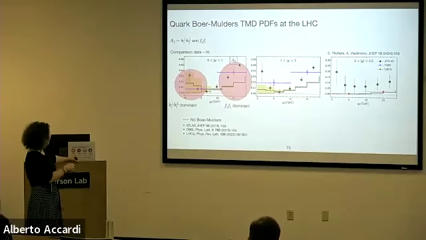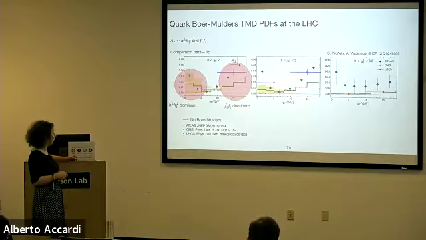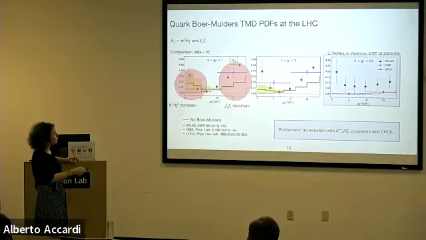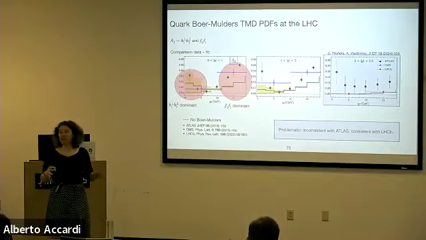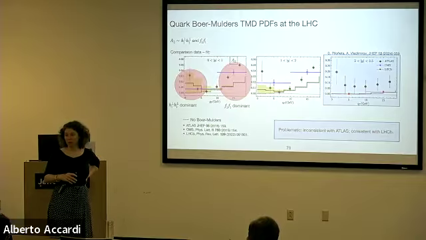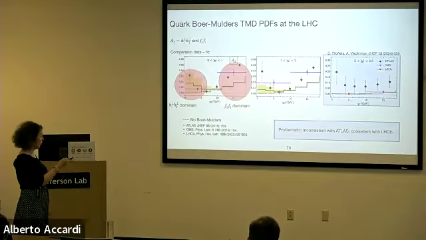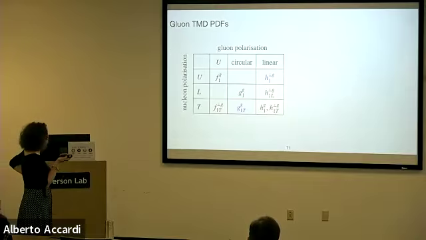What you see is that indeed there seems to be a contribution from the Boer-Mulders distribution according to the data. There is still an issue though, because there's an incompatibility between the ATLAS and LHCb data, which are the red points. So these are just the very first pictures. If one wants to extend this, much more studies are needed.